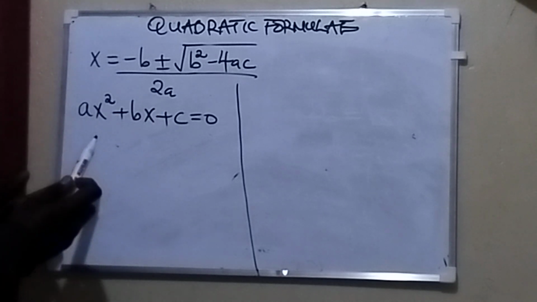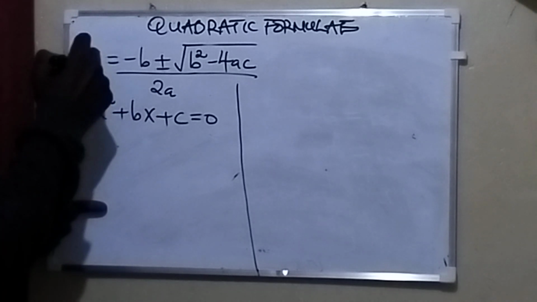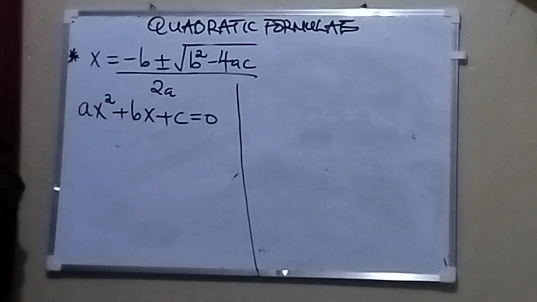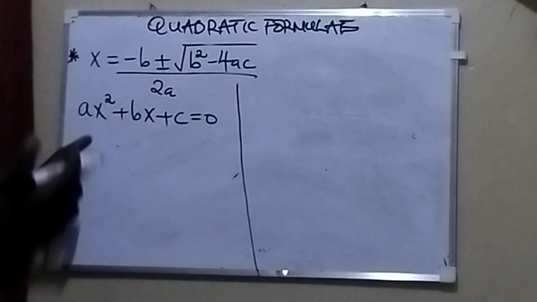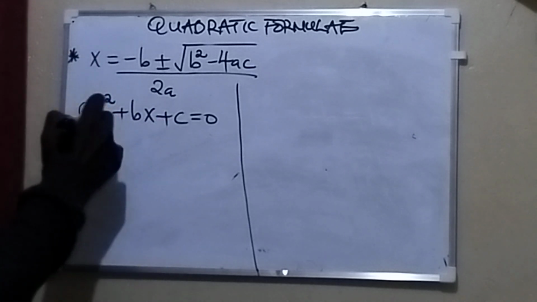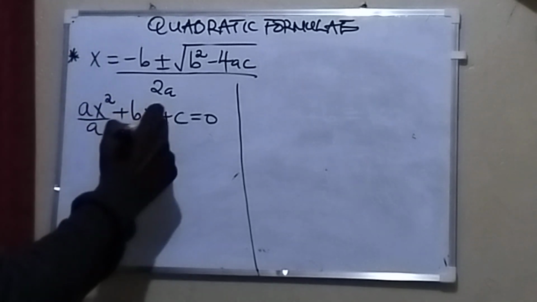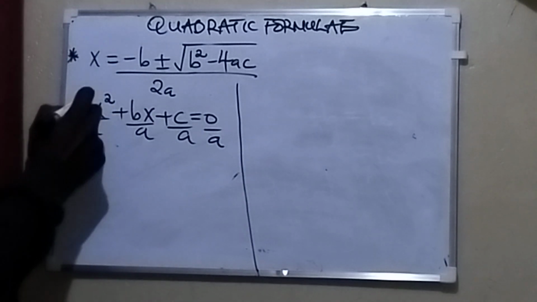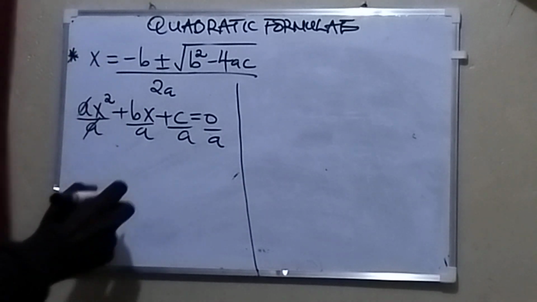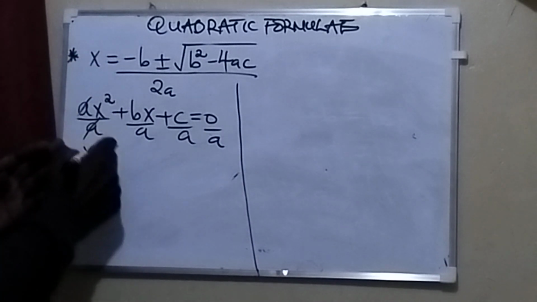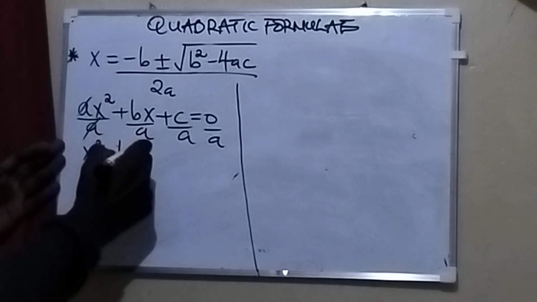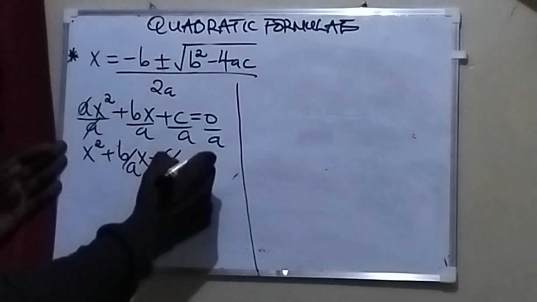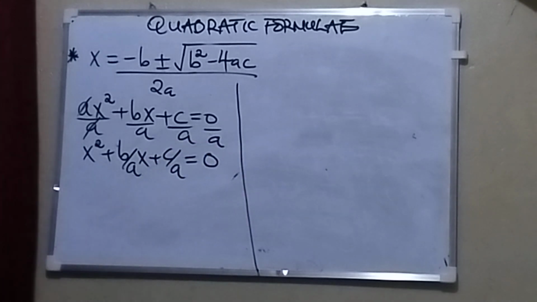First of all, this is our end product. This is what we want. At this point, make sure the coefficient of x squared is 1, so you divide by a throughout, so that the coefficient of x squared remains 1. So you have x squared plus b over a x plus c over a is equal to 0.